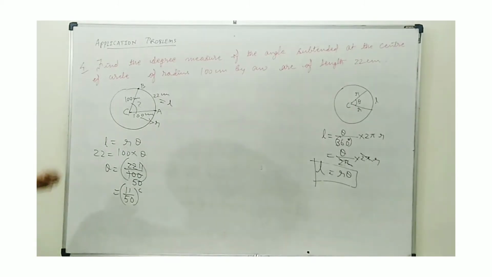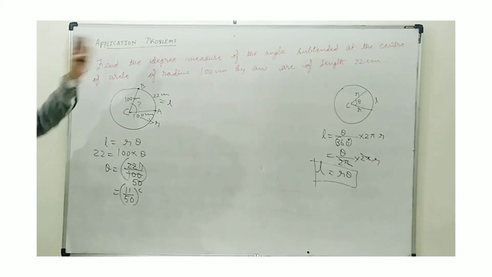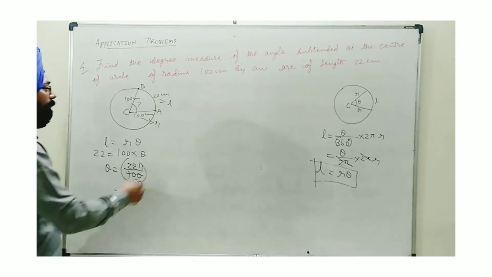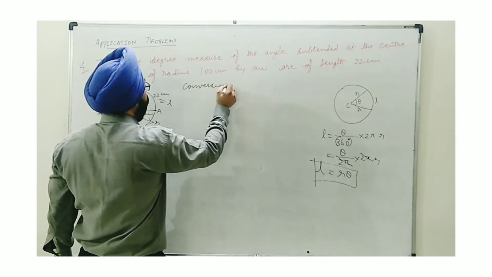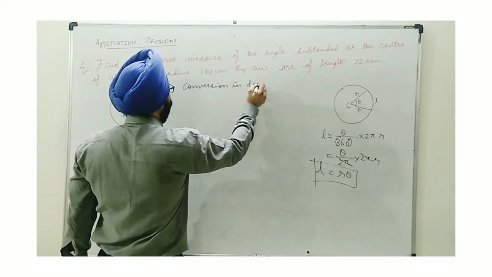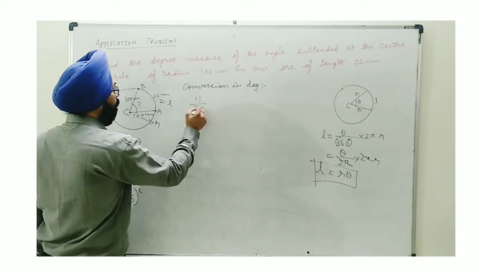But suppose in some question it is mentioned that we need to find a degree measure of the angle, then we have to convert in degree. If it's not mentioned, then you can stop here. So now conversion in degree we will do. This is 11 upon 50 radian.